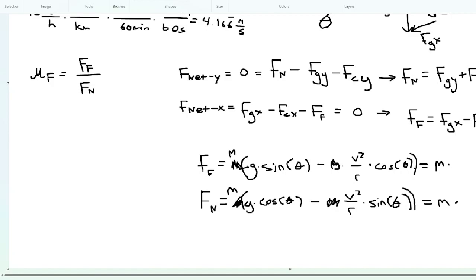Okay, almost there. 9.8 times cosine of theta, cosine of 15, minus, which I'll go ahead and put the value here, 9.4661 v squared, which is going to be 4.166 squared, divided by the radius, which is 80, times sine of 15, 0.0561. 9.8 times sine of 15, 2.536, and this is going to be velocity squared, which is going to be 4.166 squared divided by the radius 80 times cosine of 15, 0.2096.